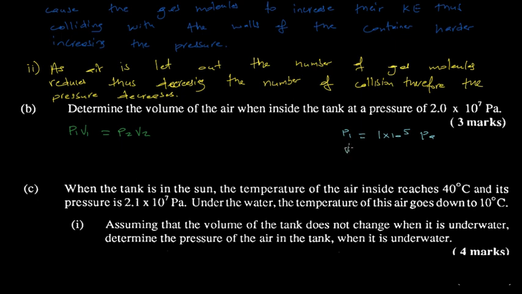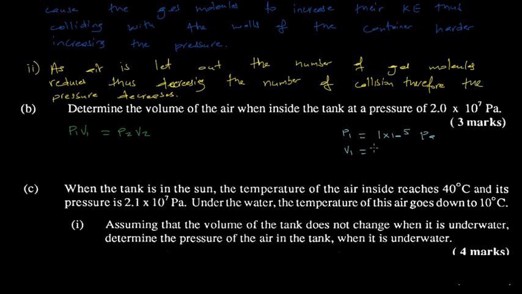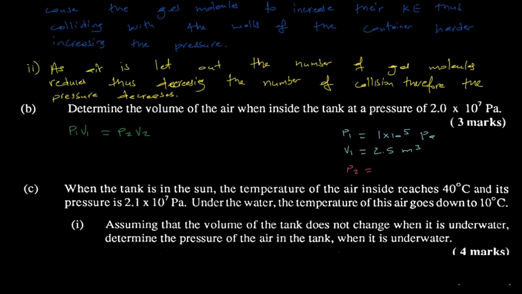V1 is 2.5 cubic meters, because we're told that at atmospheric pressure, the air would occupy a volume of 2.5 cubic meters. P2 now is equal to 2 times 10 to the 7 pascals, and V2 would be our unknown.